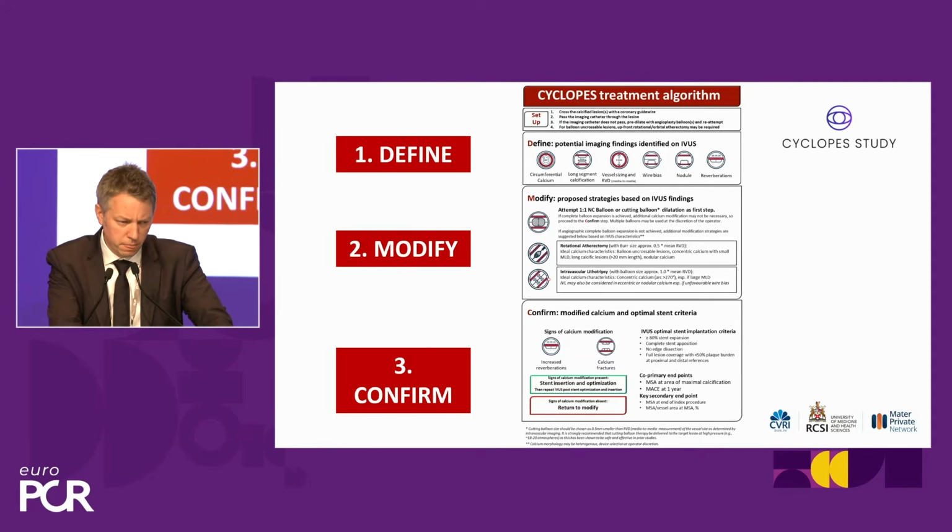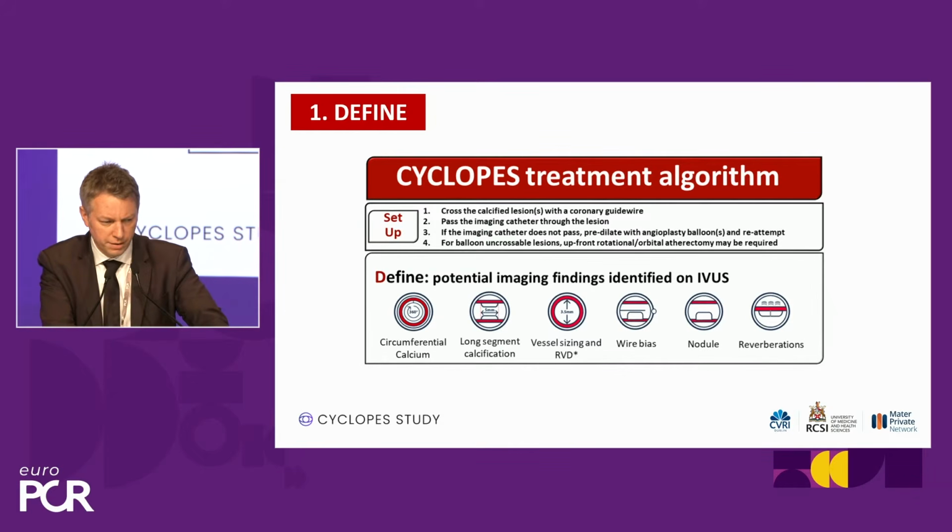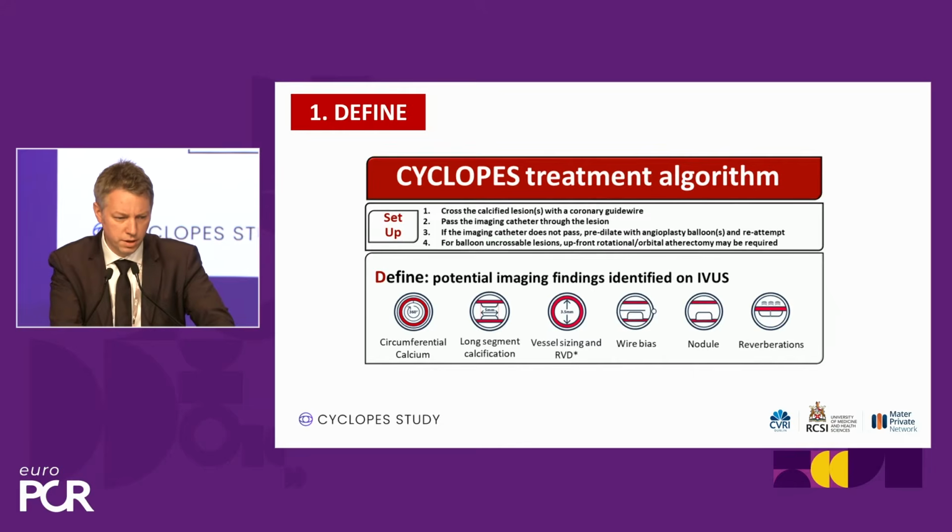So if we start with define, I think the factors that we want to do, of course, we'll need to cross with a coronary guide wire. Hopefully we'll be able to pass an imaging catheter. If we can't pass an imaging catheter and pre-dilatation doesn't help us, then we'll have to use rotational atherectomy up front.